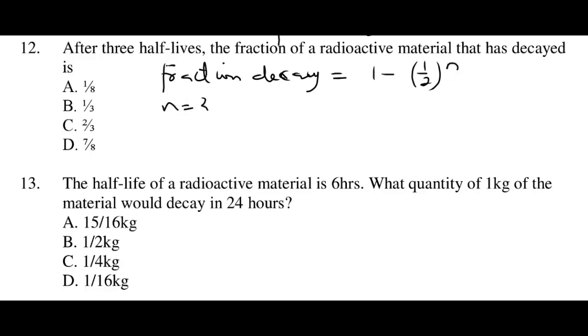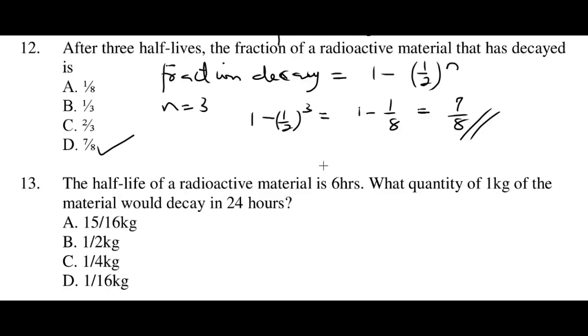So here our n is 3, number of half-lives, and so our fraction decay will be 1 minus half to the power of 3. That will be 1 minus 1 over 2 to the power of 3, which is 1 minus 1 over 8, and that will give us 7 over 8. So the answer to this question is option D, 7 over 8.